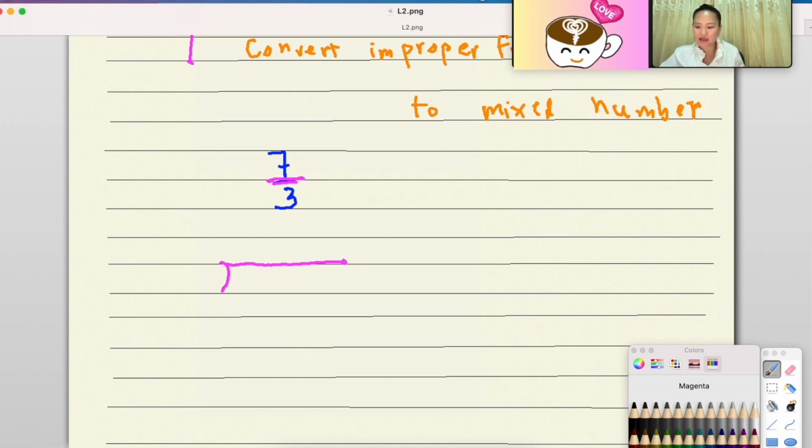We put 7 here. Short division. But do you know how to do long division? Yeah. Okay.